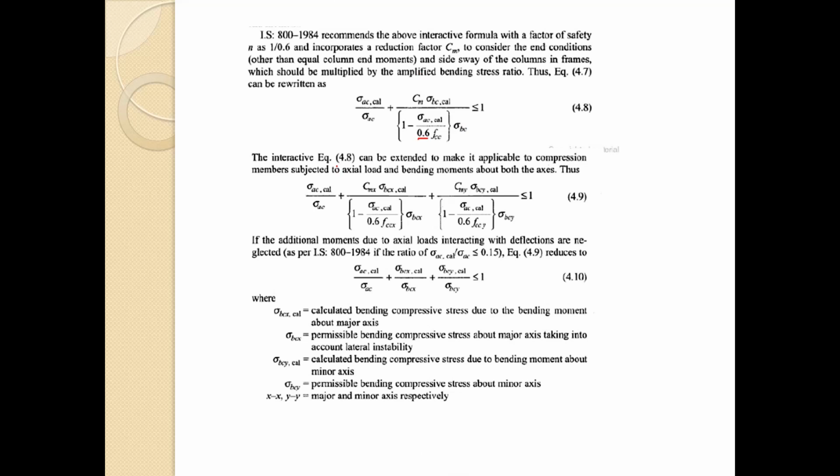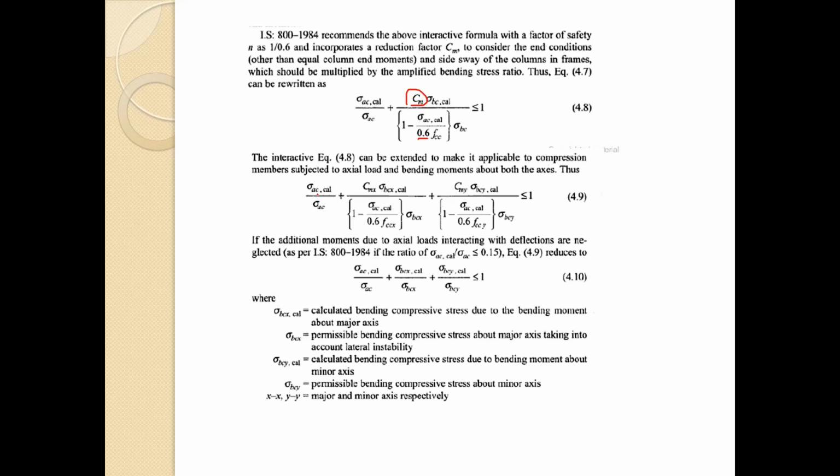Now this equation can be extended to make it applicable to a compression member subjected to axial load and bending moment on both axes. This is for the single axis, and we have added Cm also here, which we need to consider, and this should be less than 1. This is the formula from the code, and we are extending it to biaxial bending.